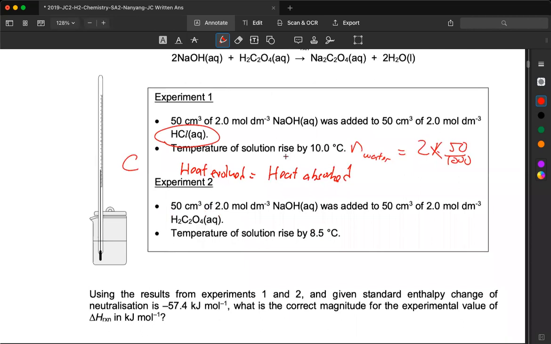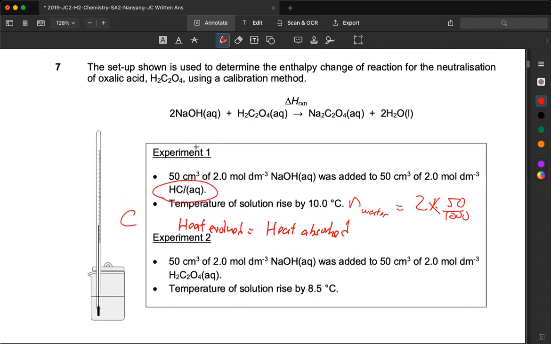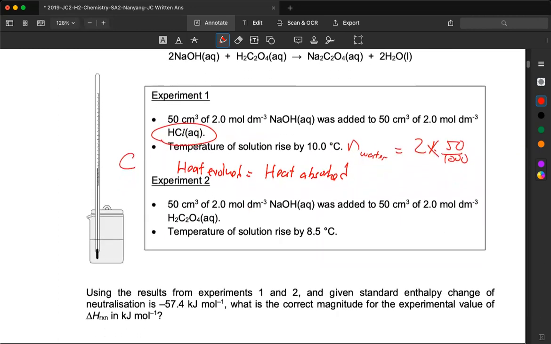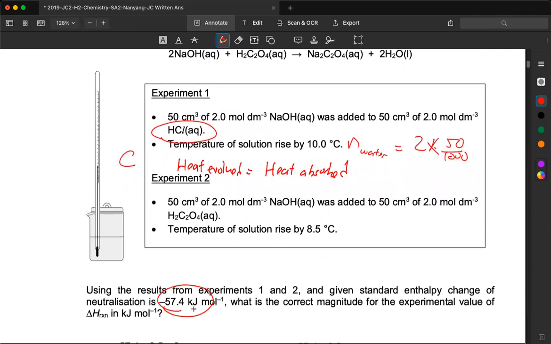Since they give you 57.4, an enthalpy of neutralization for the first experiment, you just take the number of moles of water times this, which gives you the amount of energy.